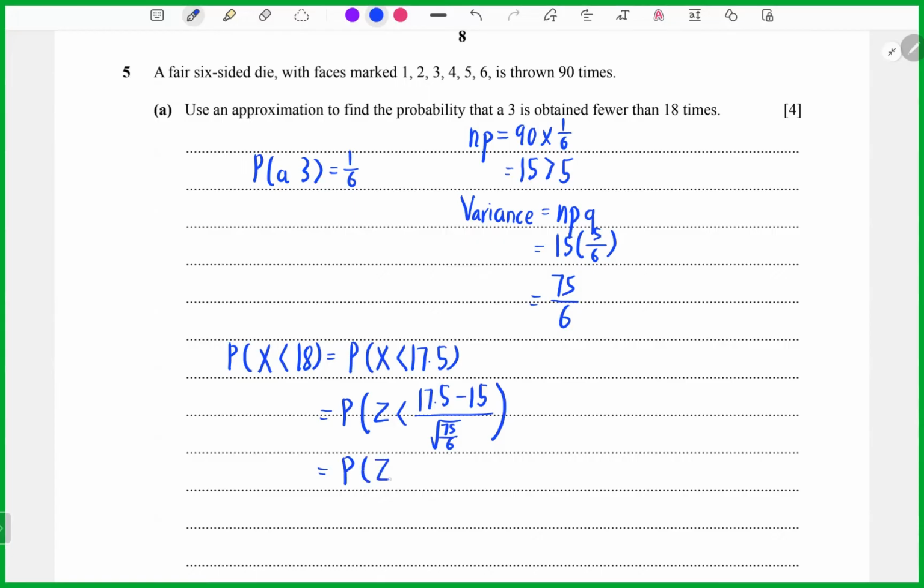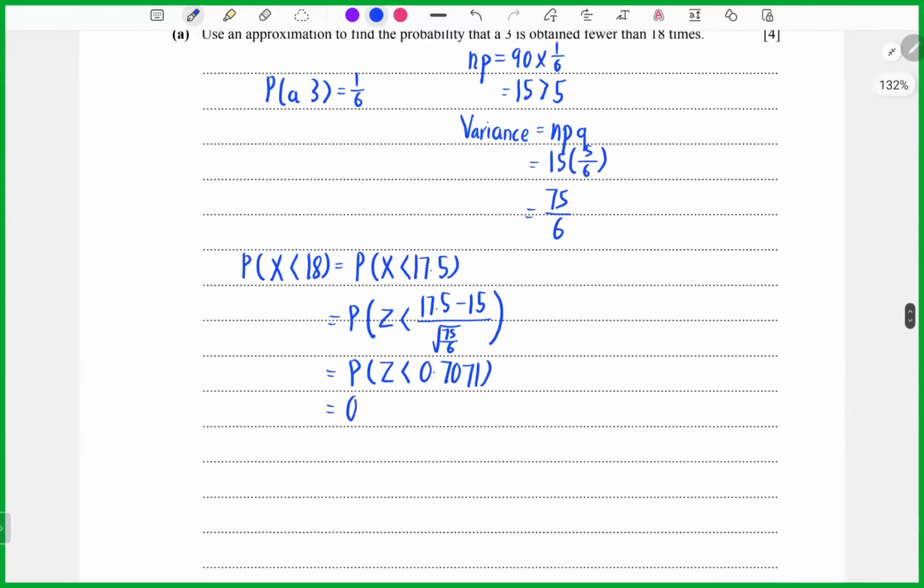So you will get 0.7071 here. I take from the tables 0.7580 minus 0.0021, 0.7559. So I'm giving the answer in 3 decimal places, 0.756.